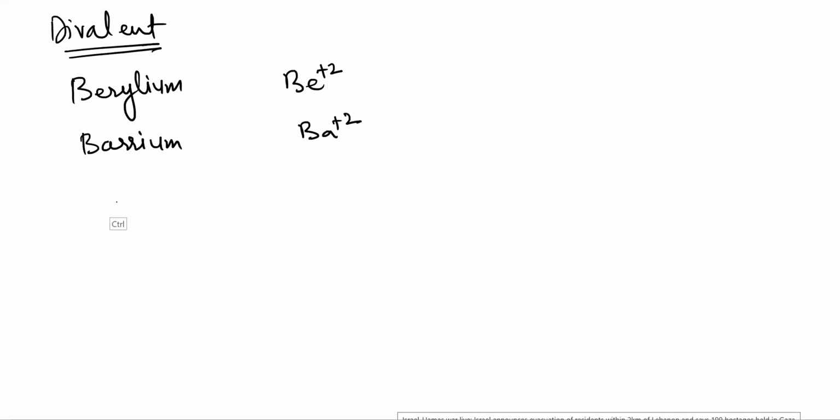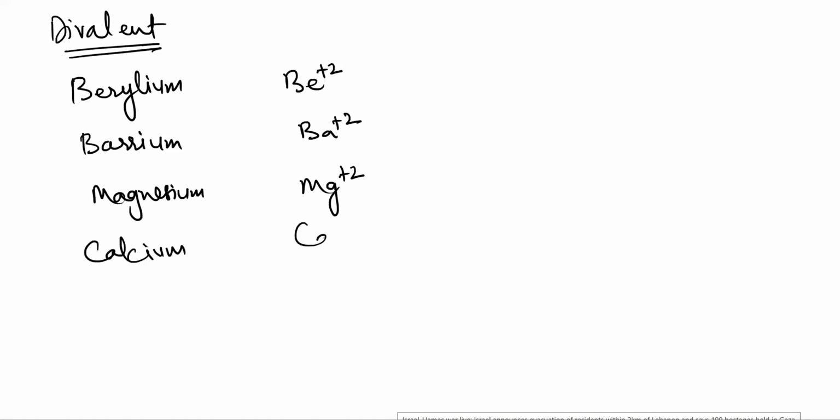Magnesium is Mg2 positive. Then calcium is Ca2 positive. Zinc is Zn2 positive. Noted?